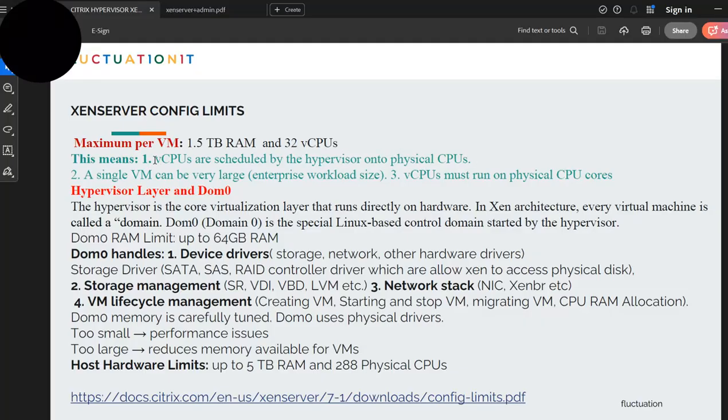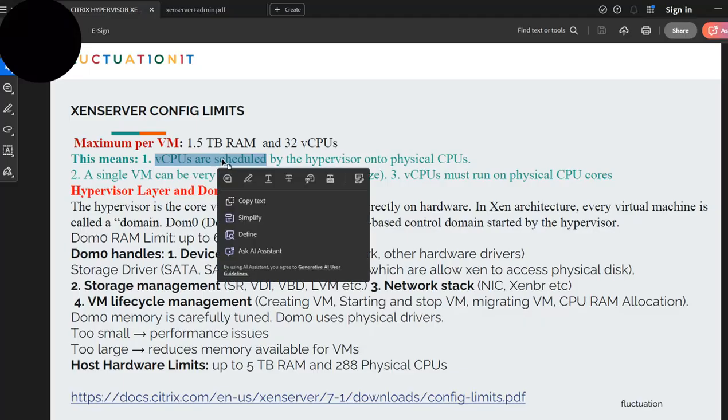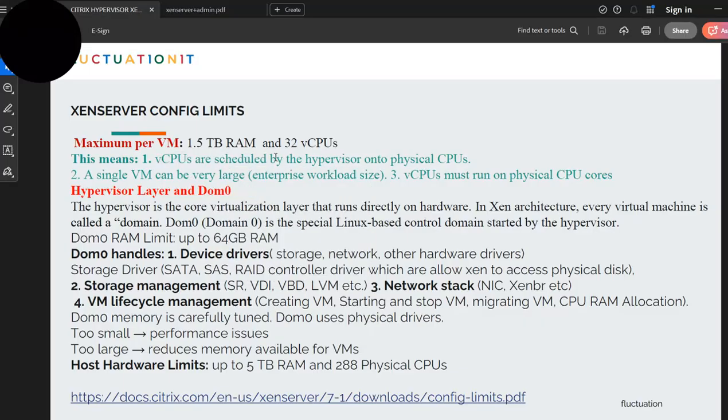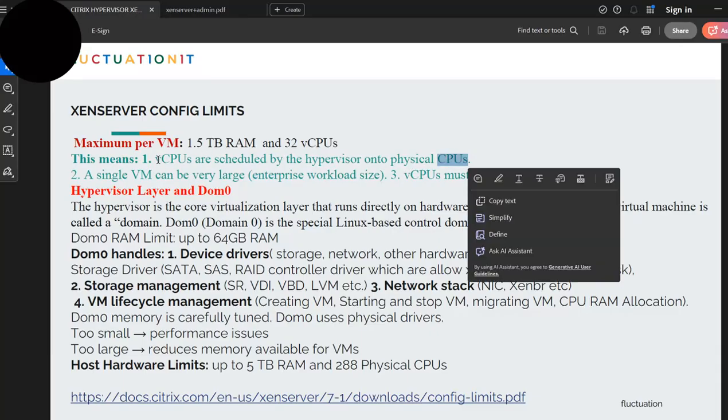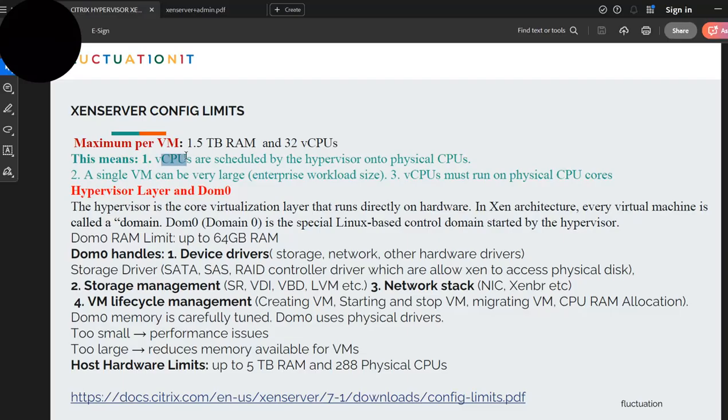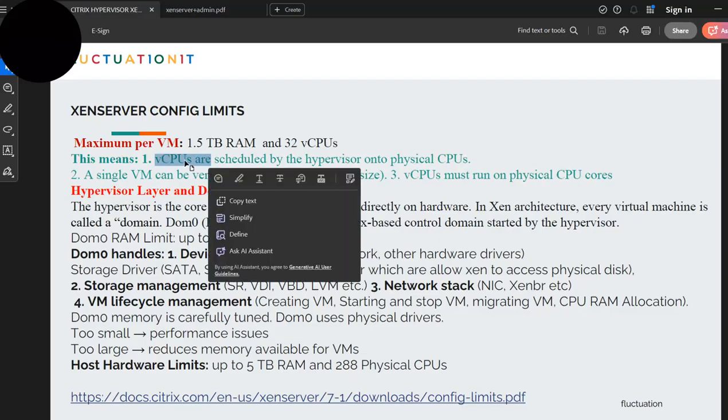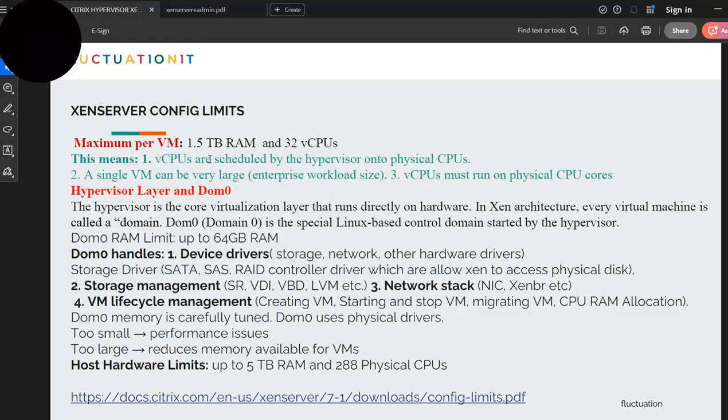You have a single physical CPU, and you can have 2, 3, 4 or more virtual CPUs, depending on the threads and cores of your physical CPU.